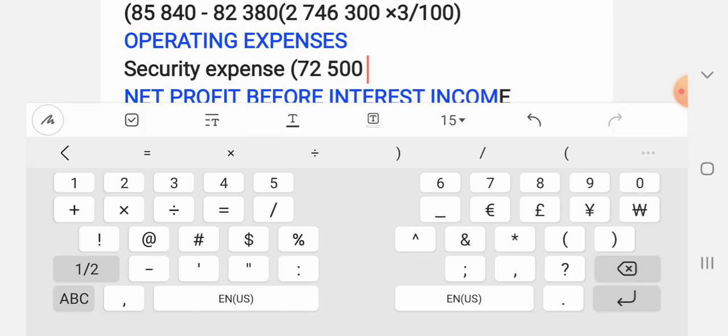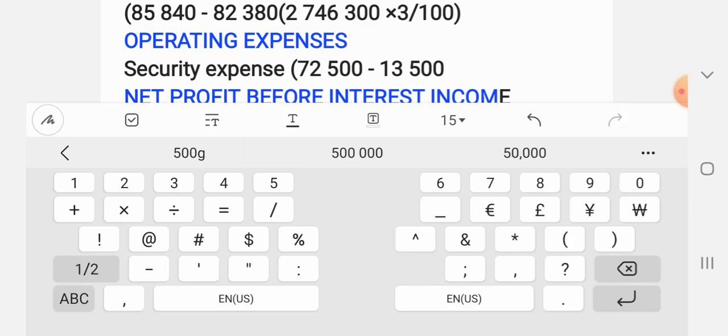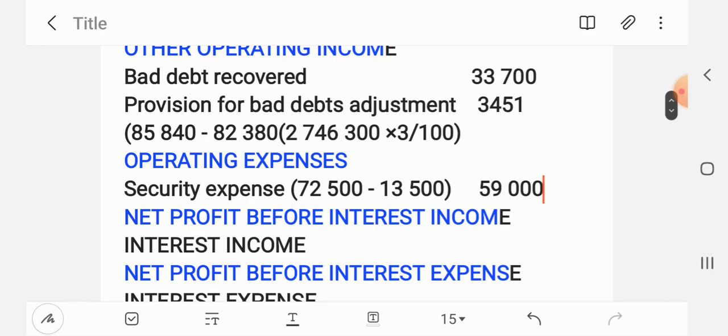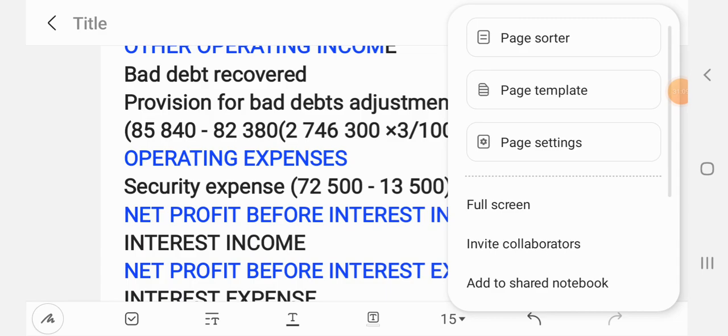We'll subtract the 13,500 we just calculated. So 72,500, yeah, that will give us 59,000 rand. Yeah, I just like doing the balance sheet with the adjustment, makes it quite easy.